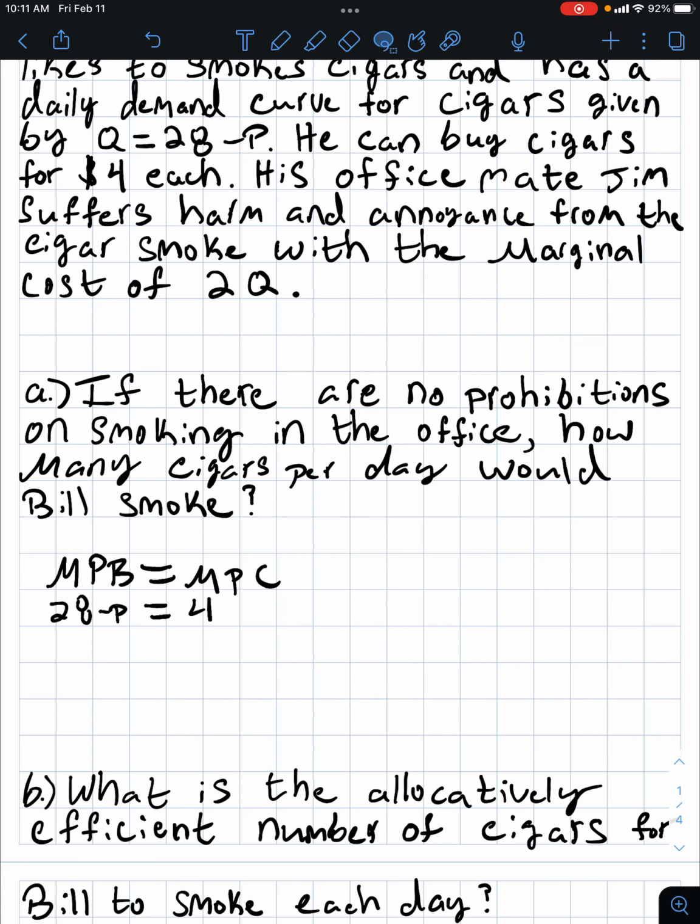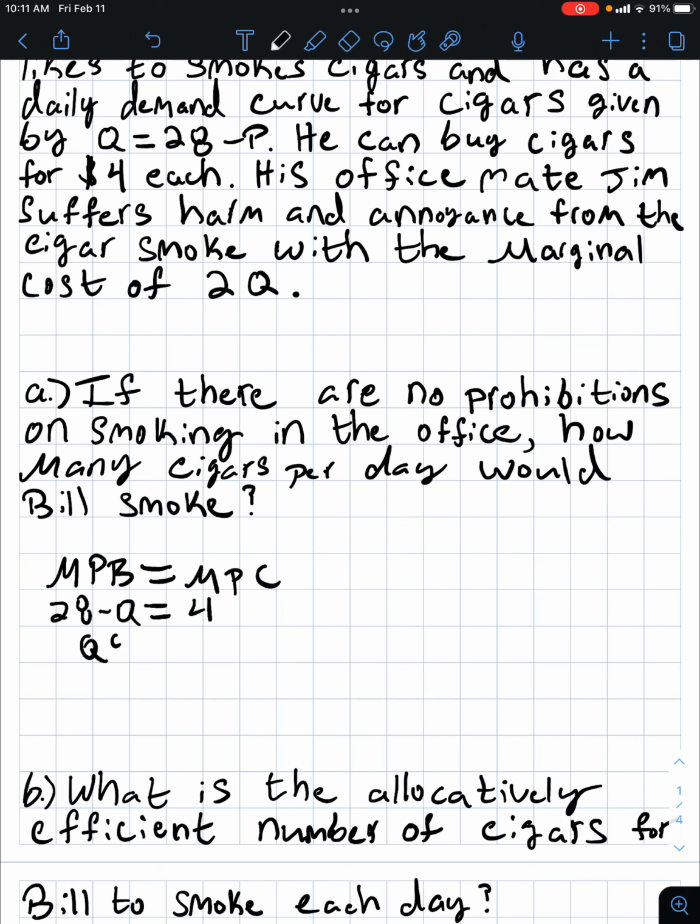Now we can solve for QC. All I did with this demand function, Q equals 28 minus P, was swap price and Q, which you can do.